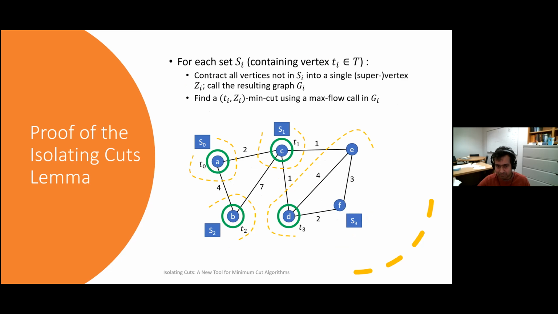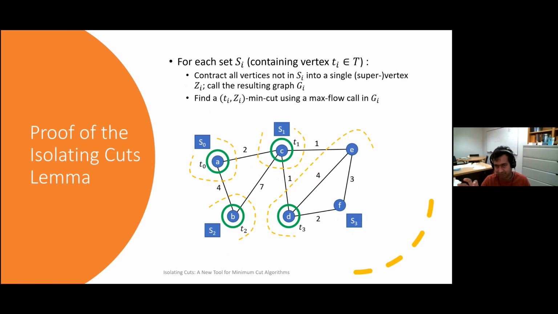The next thing we do is run a separate algorithm for each of these parts. Let me call these parts S0, S1, S2, and S3 that respectively contain T0, T1, T2, and T3. For each of these parts, we run a separate algorithm. What does that algorithm do?